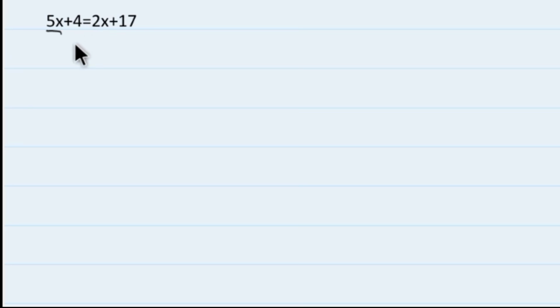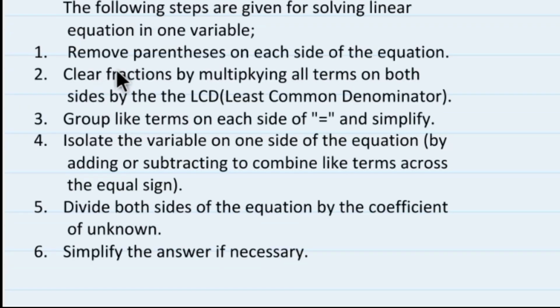So now let's see what those 6 steps say. The first step is to remove parentheses on each side of the equation, and the second step is to clear fractions by multiplying all terms on both sides by the LCD, the least common denominator. The third step is to group like terms on each side of the equation and simplify.